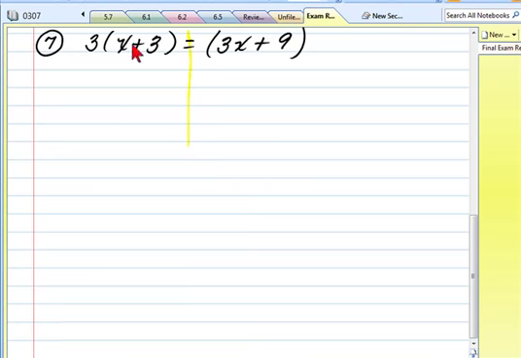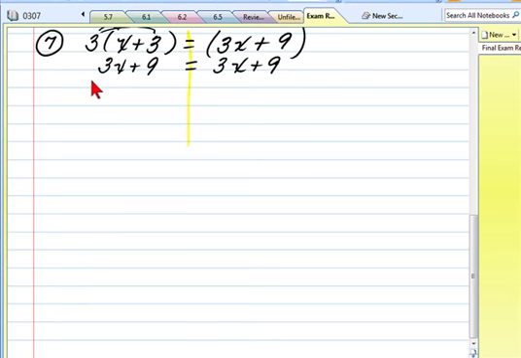I'm going to simplify on the left and simplify on the right. On the left, I use the distributive property. That's going to give me 3x plus 9. And on the right side, there really was no reason for parentheses. That's 3x plus 9. Now, you might know what the answer is right now. But if not, you could say, well, I have variables on both sides. I need to get rid of one.